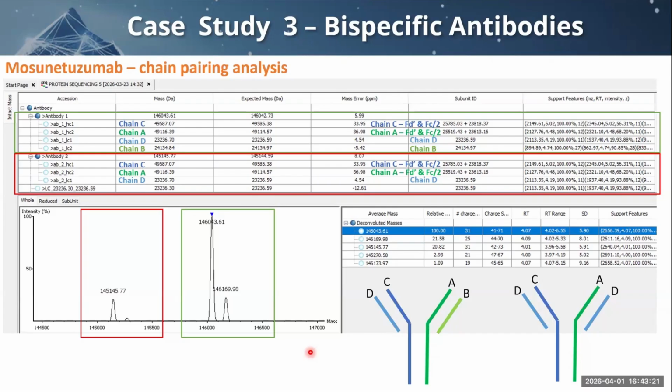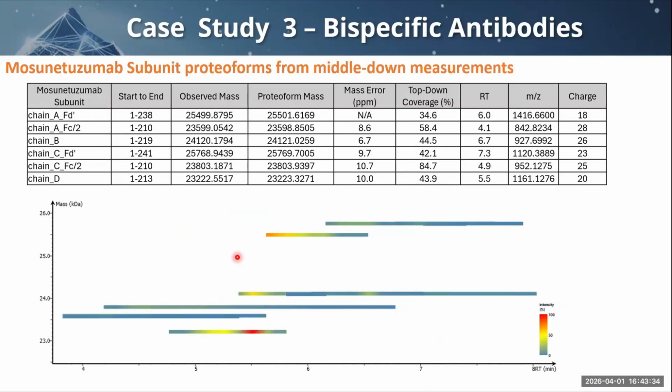For our most abundant species here, but there was also another species, at about 25% relative abundance, that was detected. And so are we able to characterize these at the proteoform level with our top-down data? Yes, we are. Here are the 6 subunits. This is done at the subunit level.